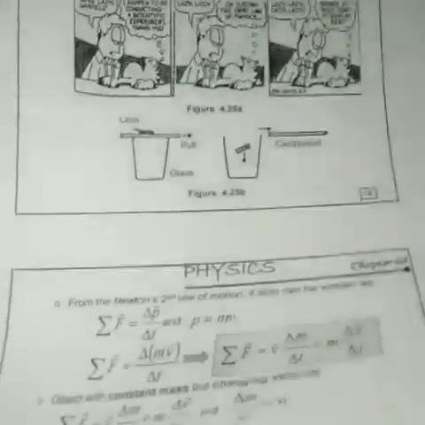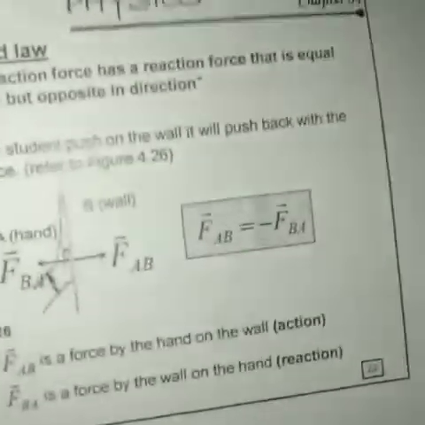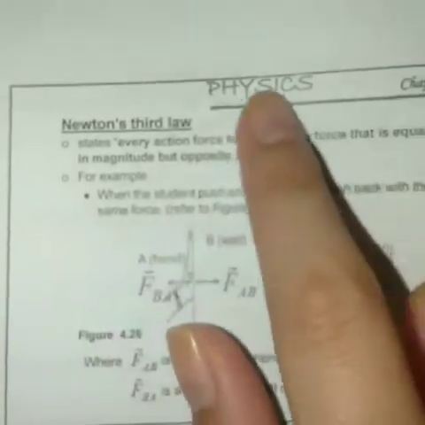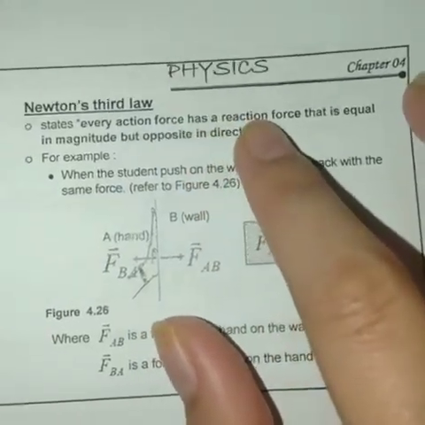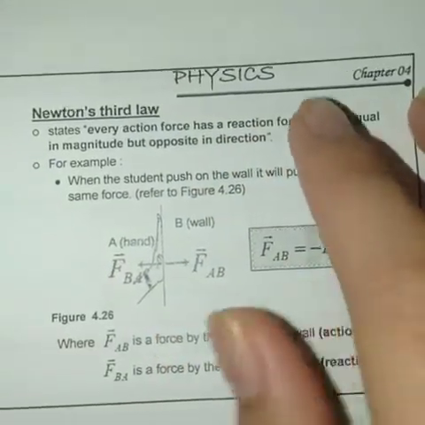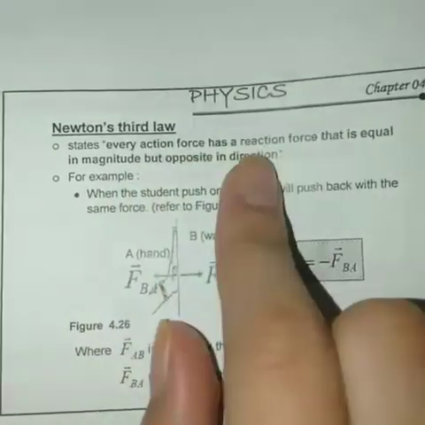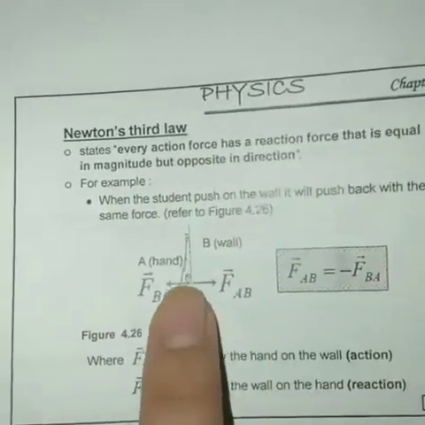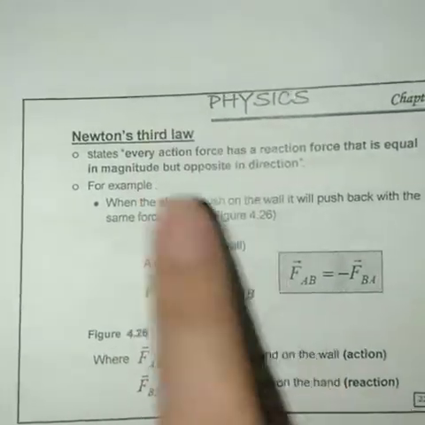So for the last law is every action force has a reaction force that is equal in magnitude but opposite in direction. This is an example of third law.